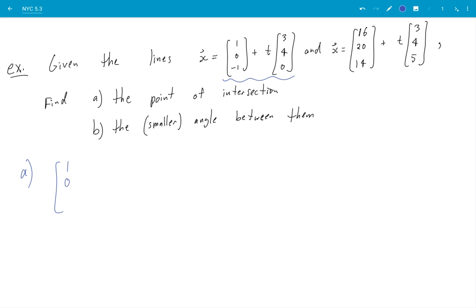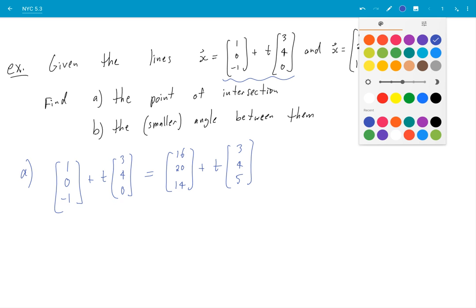Almost. There is a little snag here. Okay, now, what do we mean by a point of intersection?